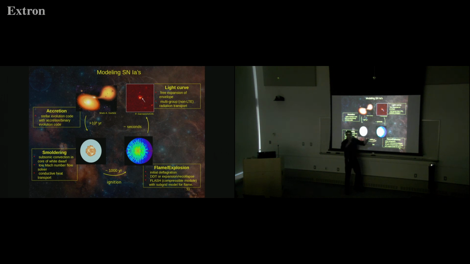The remnant blows up, and eventually you have to model the light curve, and that requires multi-group, non-local thermal equilibrium radiation transport to do, and that's a complicated problem as well. So what I'm going to focus on in our research today is the explosion, how you resolve what's going on in that, and then transfer that to calculating the light curve and the spectrum of the event that you might see.